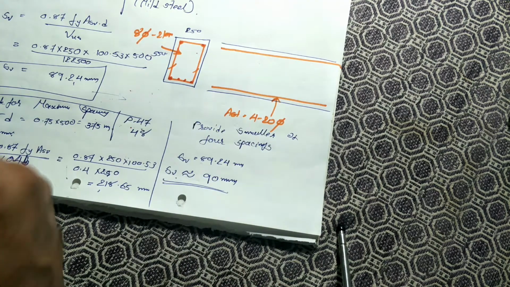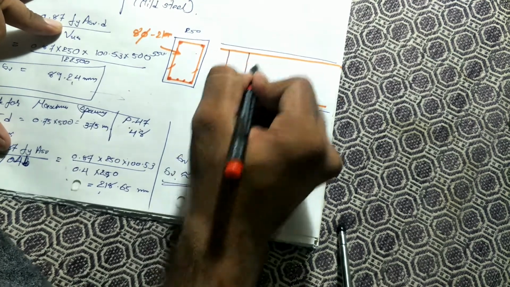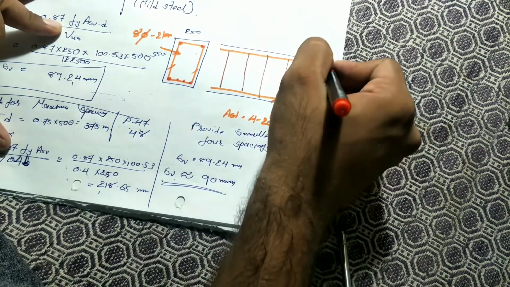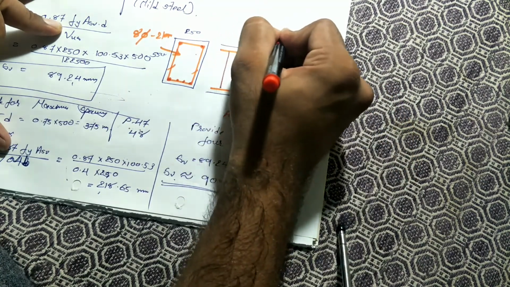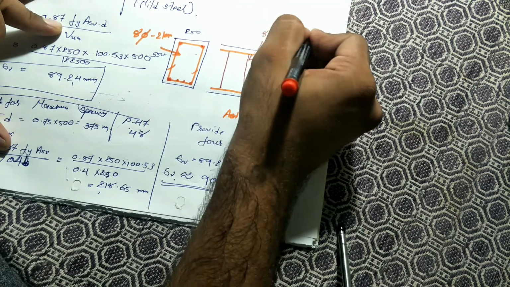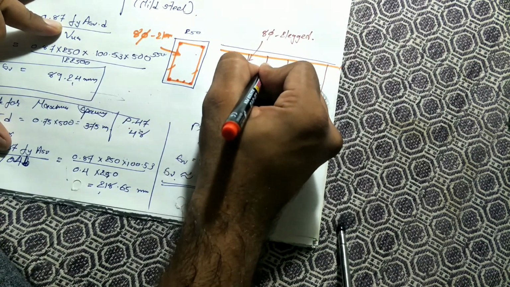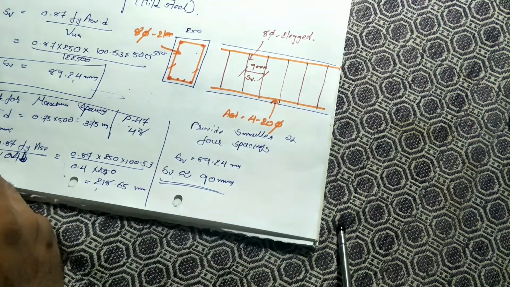And all these are my stirrups. This is your 8 dia, 2-legged, and the spacing between them is 90 mm. This is your Sv.